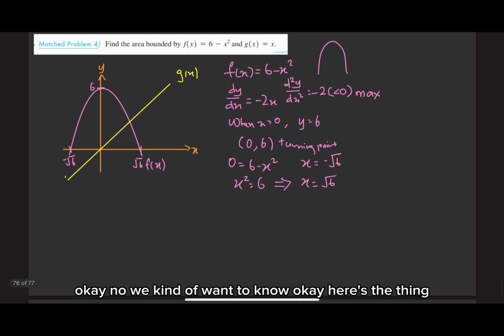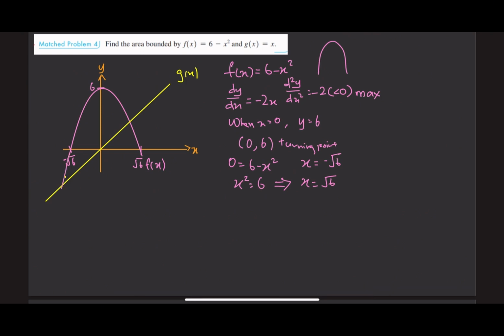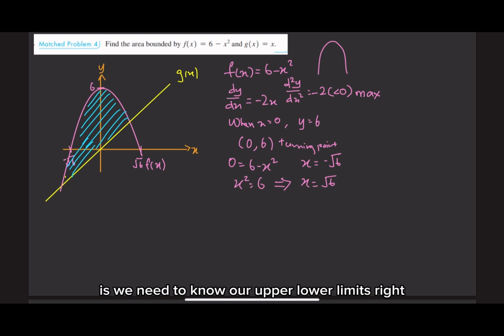Now, here's the thing, we want to find the area bounded between these two, this whole area. And what you will notice is we need to know our upper and lower limits, so what is x2 and this is x1? We let our f of x equal g of x because they intersect at that point.